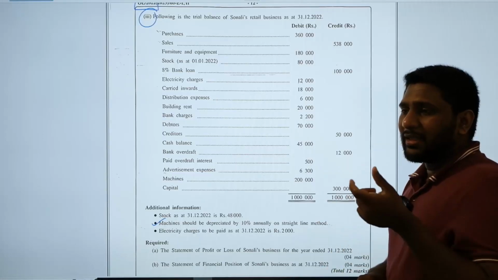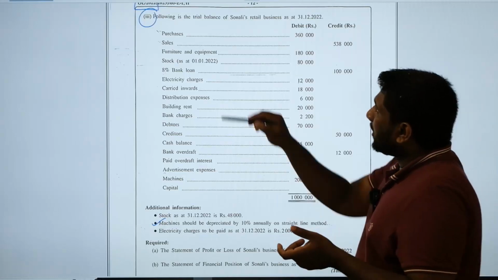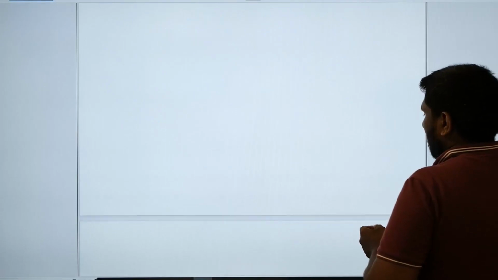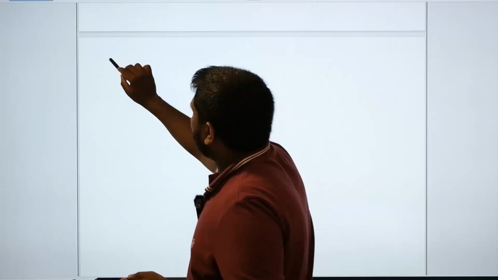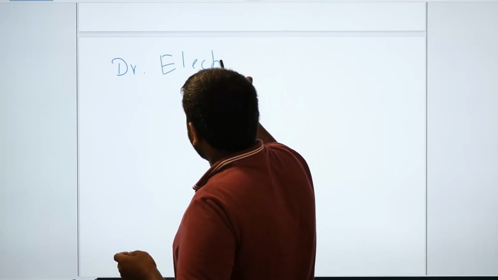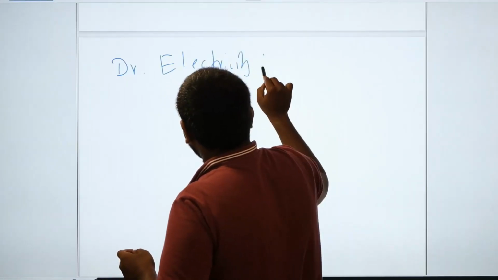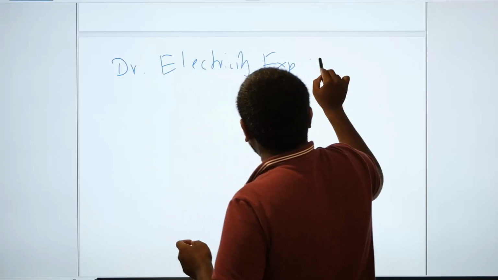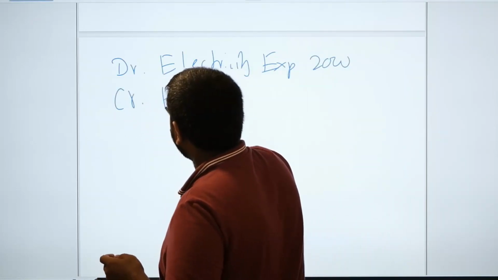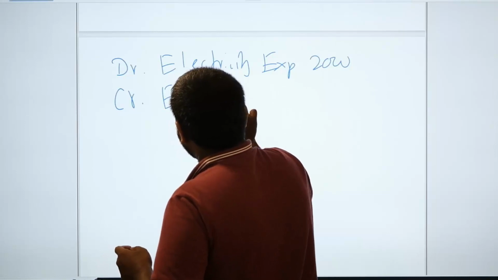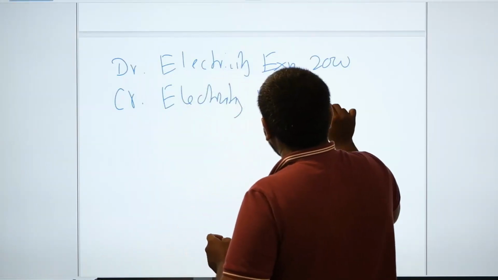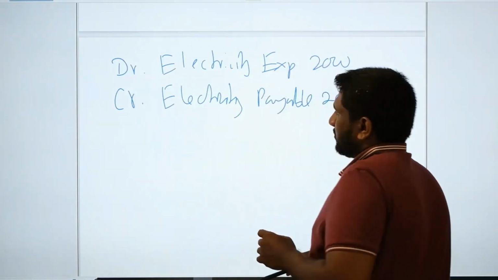If you have not paid the electricity yet, the double entry will be, I'll write it over here: debit the electricity expense 2,000, credit electricity payable, because it is not yet paid, so payable 2,000.